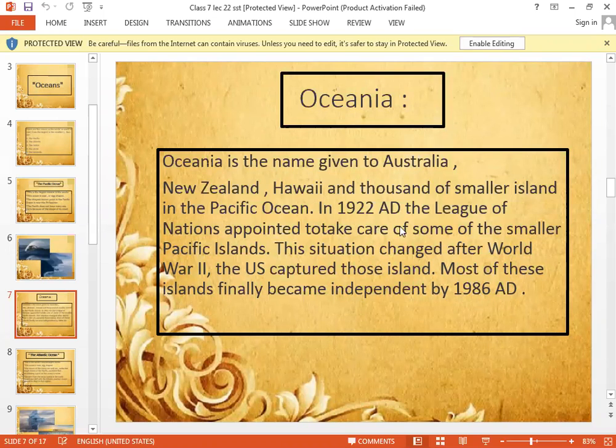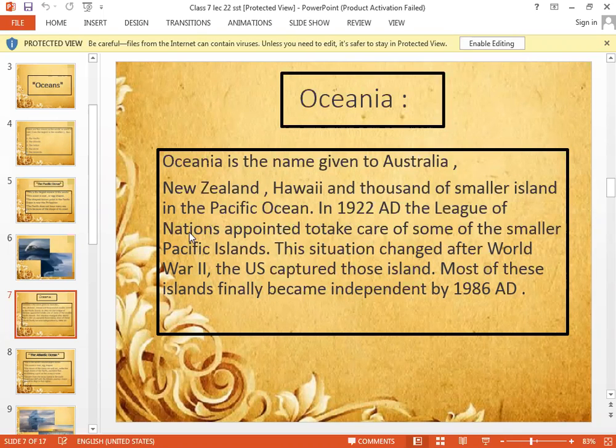And do you know what the League of the Nations is? The League of the Nations was the organization which was formed before the United Nations. At that time, in 1922, the United Nations did not exist, because it was formed in 1945.